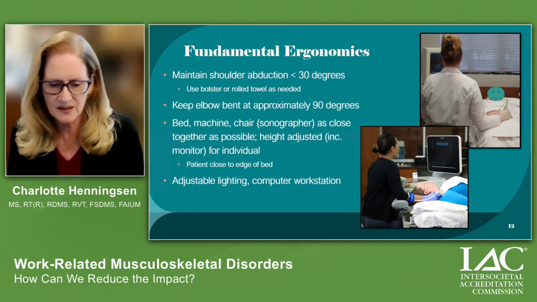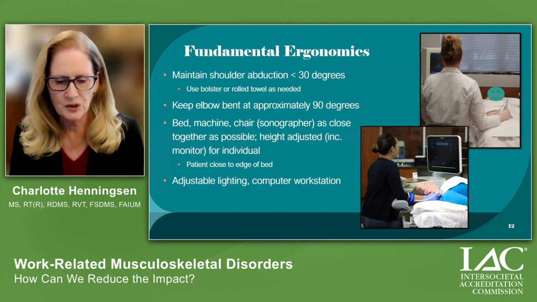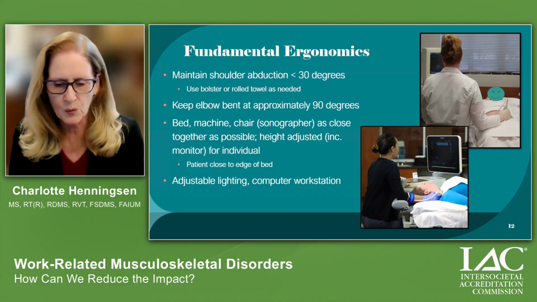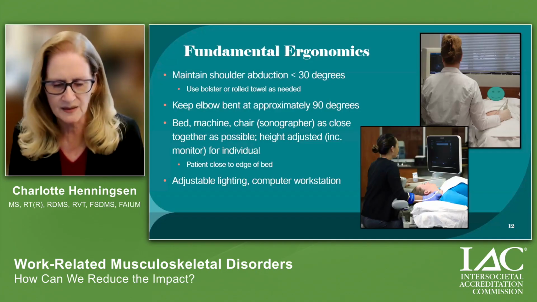As we consider the basics, we should maintain shoulder abduction of less than 30 degrees, or use a bolster or roll towel if you have to reach beyond that and need that support. Keep the elbow bent at approximately 90 degrees.